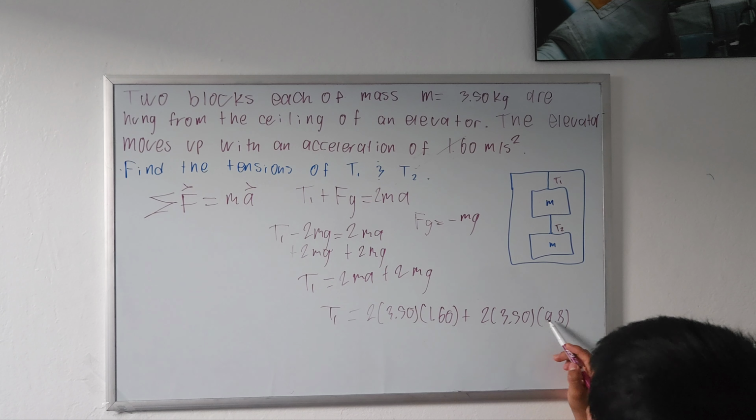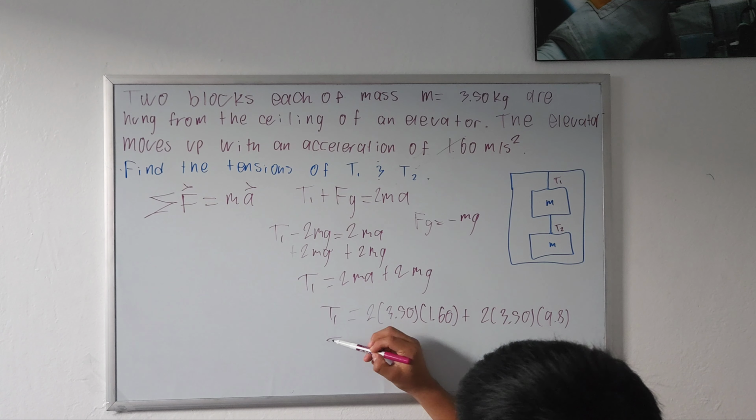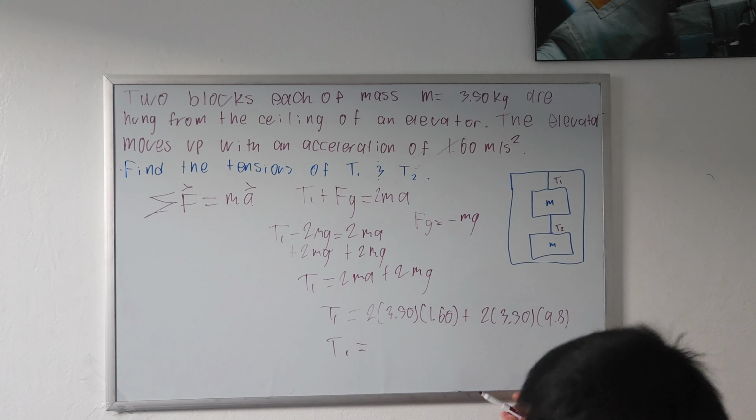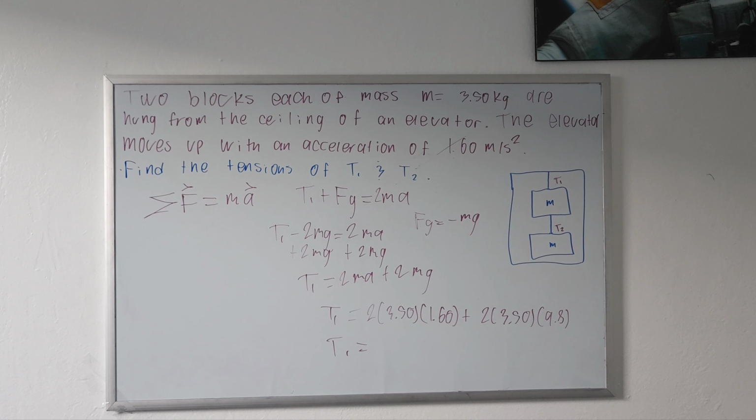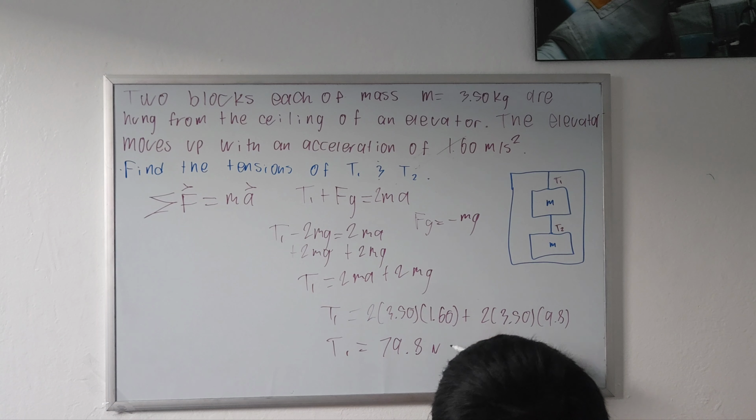And usually this is negative, but we already had a negative right here. So T1 then is going to be equal to, I forgot, but I have the answers right here. It's going to be equal to 79.8 newtons.